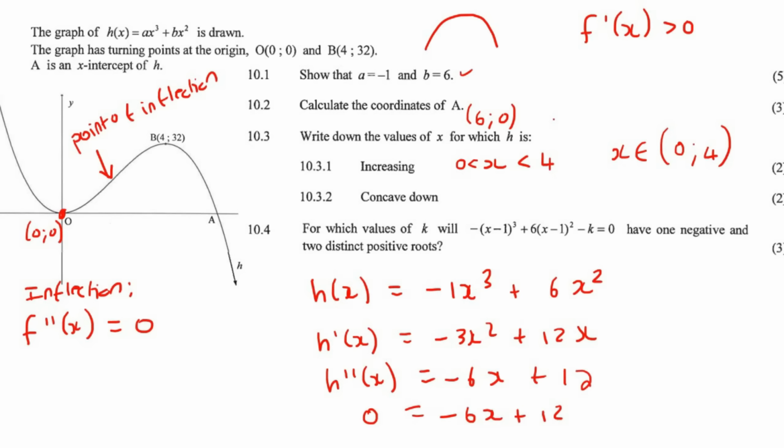And then if you had to go solve that, you would find out that x is equal to 2. So the x value over here is a 2. Okay, the x value there is a 2. We don't need the y value. They haven't asked us for that, so we just know that the x value is 2. So it says write down the values of x for where the graph is concave down. So it's all of this. So you could just say that x is greater than 2.